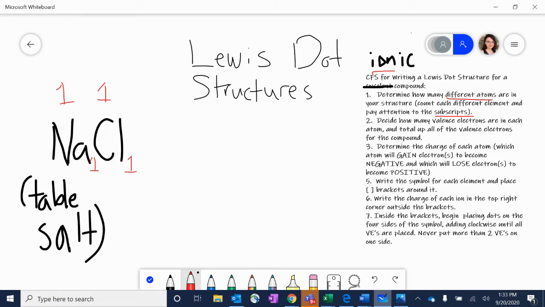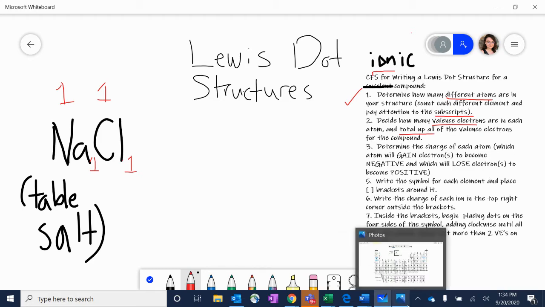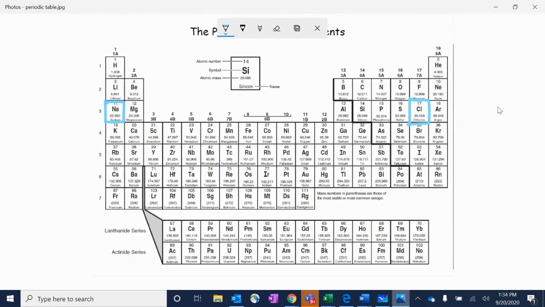All right, next step, check. We need to decide how many valence electrons are in each atom and total them up. So let's go to our periodic table. You'll see I've already highlighted sodium and chlorine. Sodium is in the first column. That means that it has one valence electron, or one electron in that outermost level.